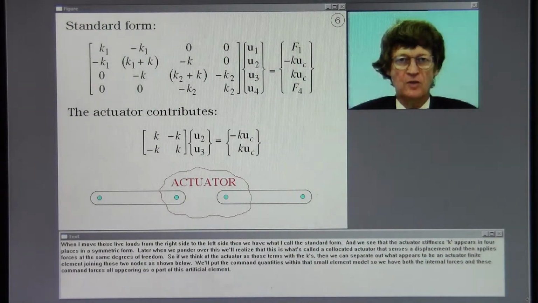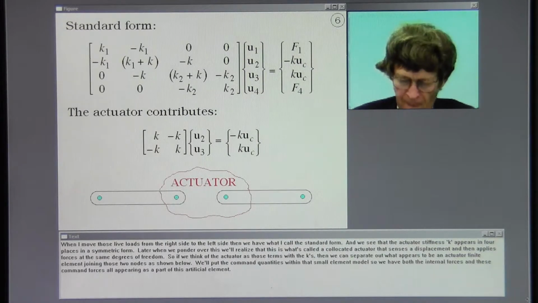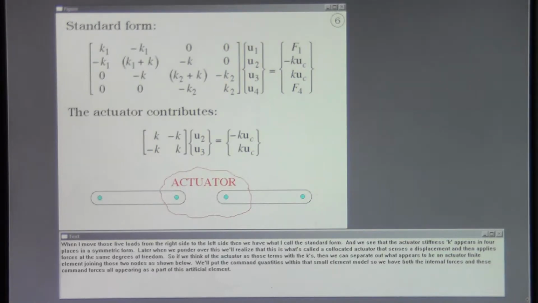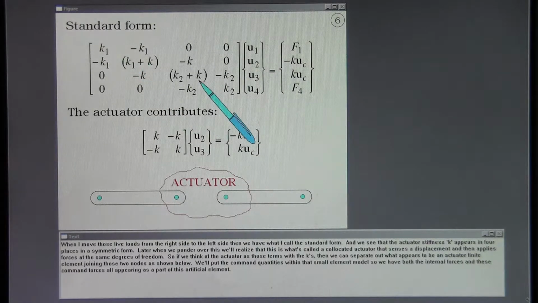When I move those live loads from the right side to the left side, then we have what I call the standard form. And we see that the actuator stiffness K appears in 4 places in a symmetric form. Later, when we ponder over this, we'll realize that this is what's called a co-located actuator that senses a displacement and then applies forces at the same degrees of freedom.